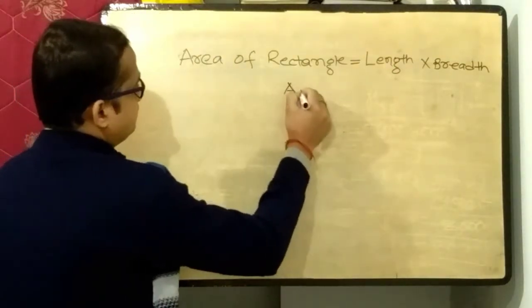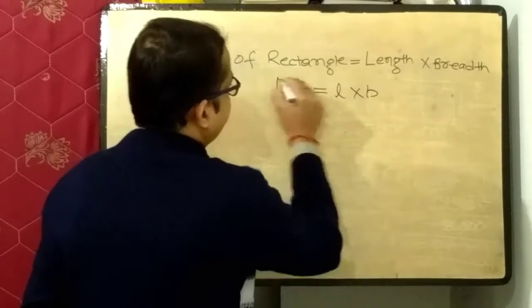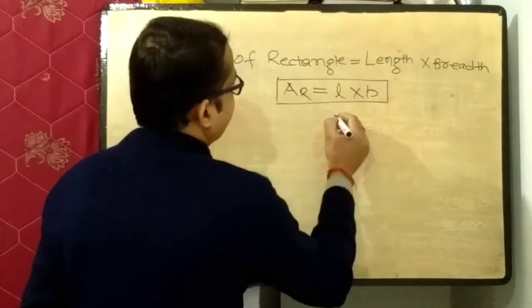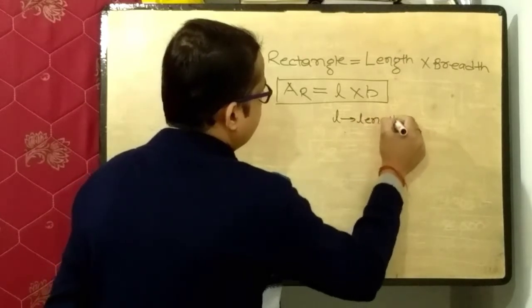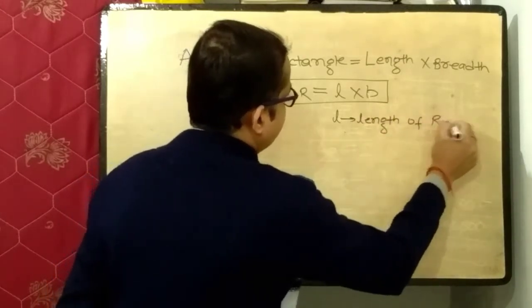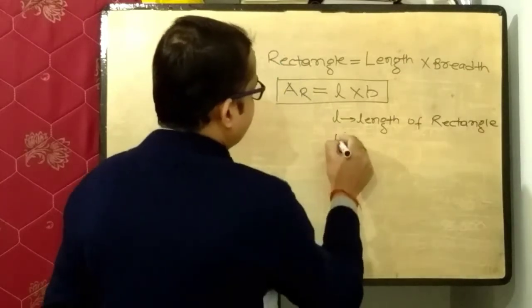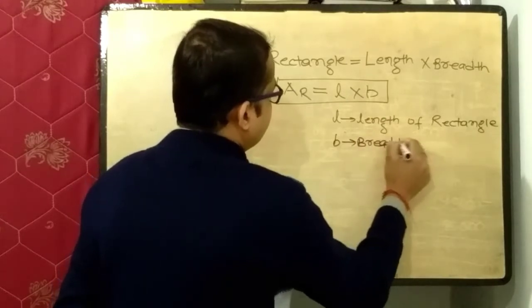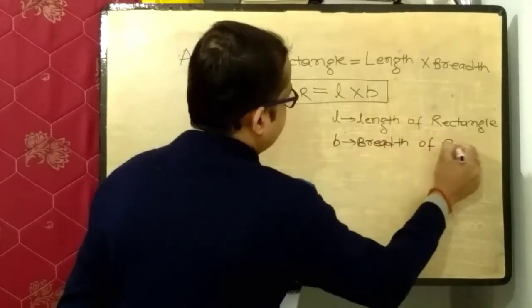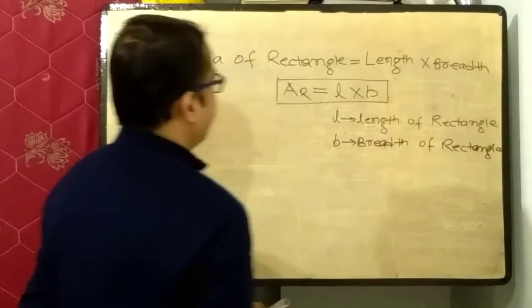In short form, AR equals L multiplied by B, where L is the length of the rectangle and B is the breadth of the rectangle.